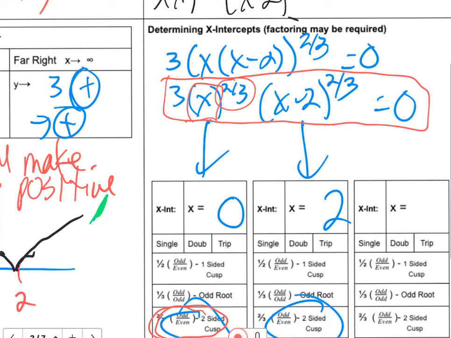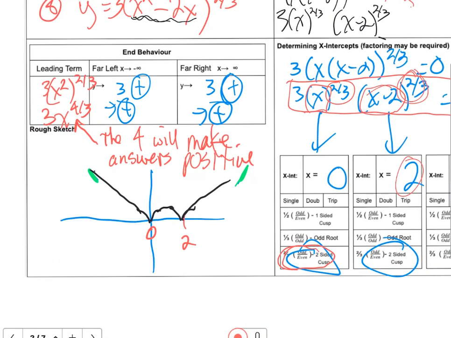Okay, so we know what that looks like. Then the next thing we're going to look at is this factor here, x minus 2 to the 2/3. Obviously the x-intercept is 2, and because of the exponent of 2/3, it's a two-sided cusp as well. So both of our factors have two-sided cusps, for both of our x-intercepts.